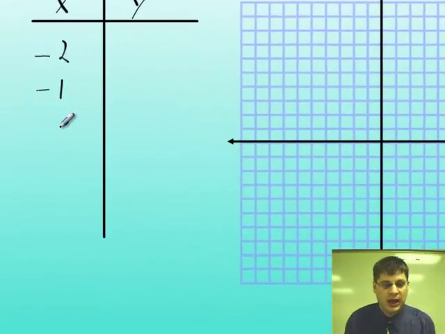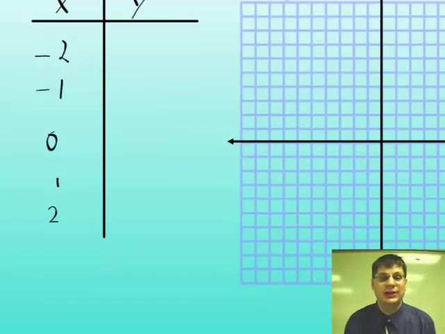So we're just going to pick x values, negative 2 to 2 will be fine. We can tell it's not horizontally shifted because there's no h value in this form anyway. So the way we'd go about this is we would substitute.